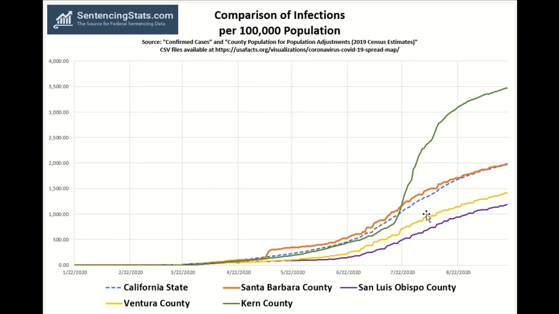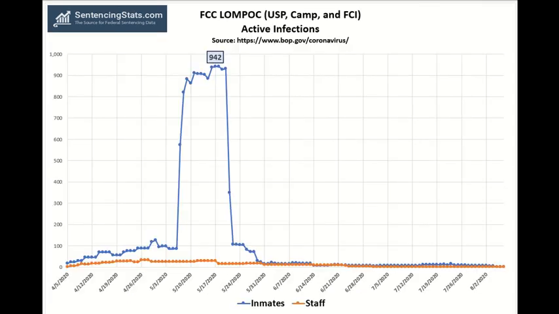and we also look at surrounding communities. There's an interesting jump here in Kern County, which is next to Santa Barbara County. Not sure what this is, but Kern County does contain a very large state prison facility. At any rate, the point is that looking at the surrounding community can often provide insight to a court on the nature of the infection, whether there really are still infections at the facility or not.